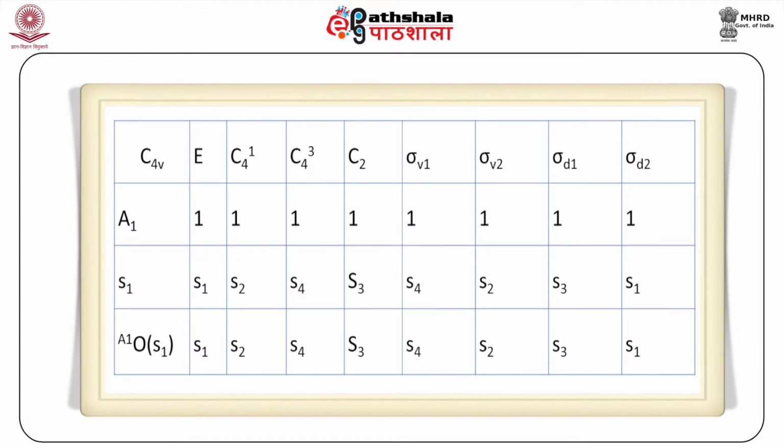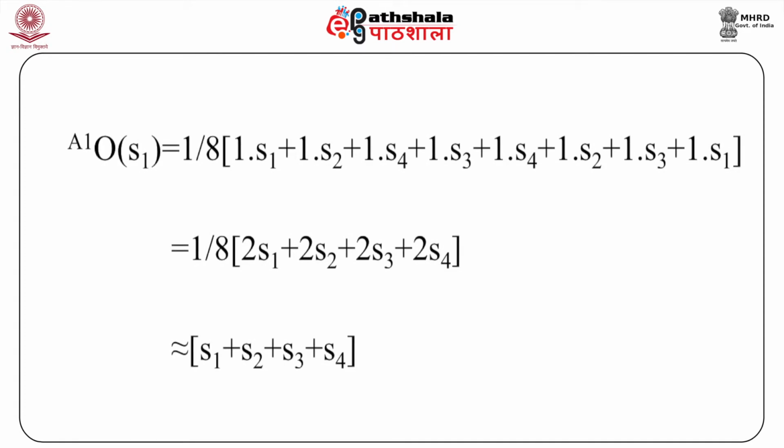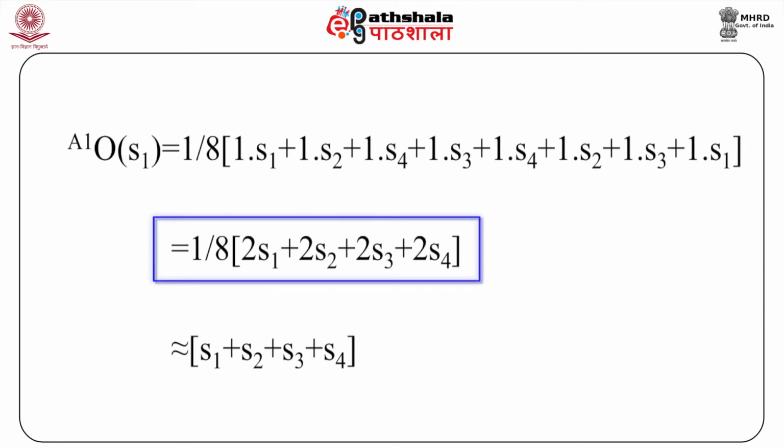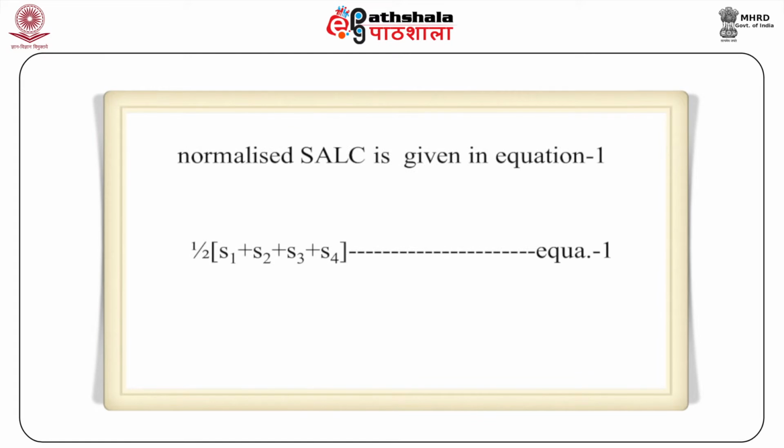And after getting this result, we now go for the projection operator and we will get the result as 1 upon 8 S1 plus S2 plus S4 plus S3 plus like this, and the net result will be S1 plus S2 plus S3 plus S4. So, the normalized SALC is given in equation 1 as 1 upon 2 S1 plus S2 plus S3 plus S4.